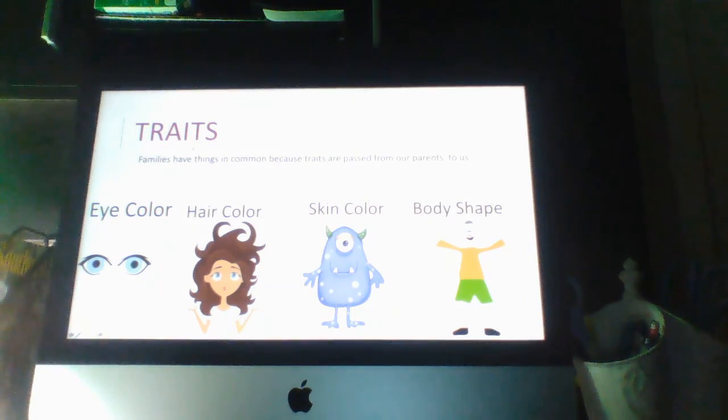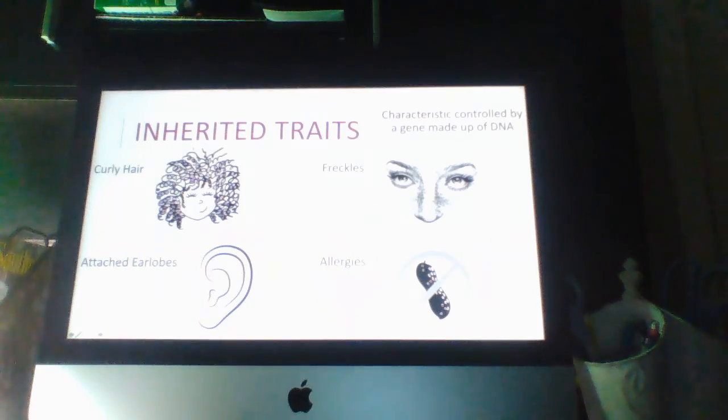Look at these different traits. Families have things in common because traits are passed from our parents, like eye color, hair color, skin color, and body shape. Then you have inherited traits. You have curly hair, attached or detached earlobes, freckles, allergies. These are all characteristics that are controlled by a gene made up of DNA.